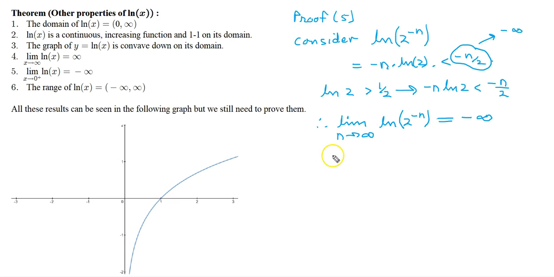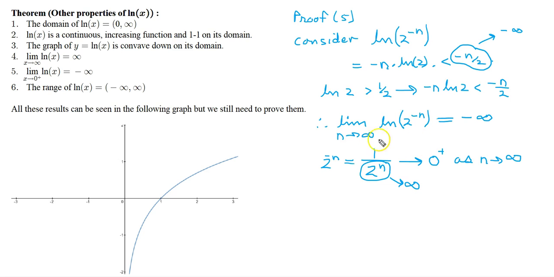Now take note that 2 to the negative n is 1 over 2 to the n, and as n goes to infinity, this piece right here is approaching positive infinity. So 1 over a number approaching positive infinity, this piece is going to be approaching 0 from the right as n approaches infinity, right?